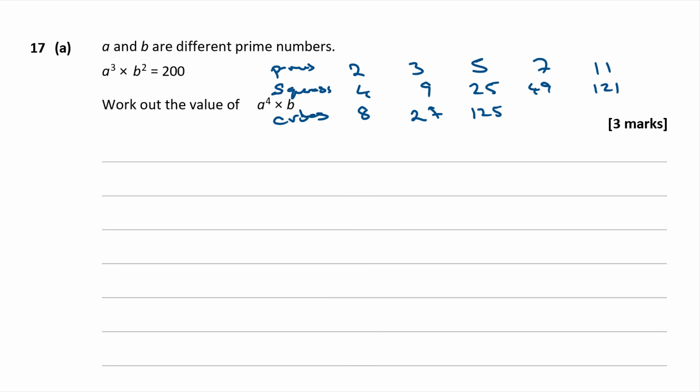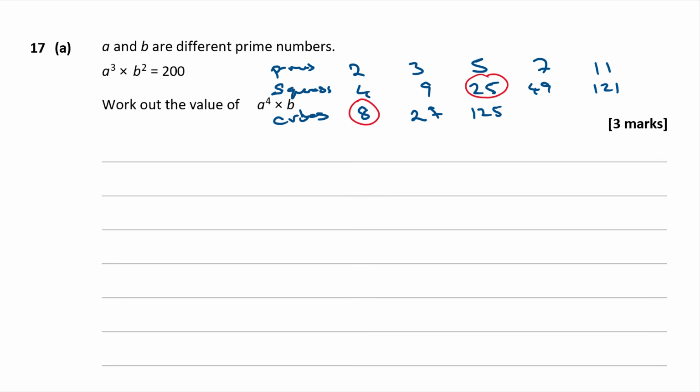Okay, I'm just going to cut there and see if I can work out what it is. So I need 2 of these things that multiply together to give me 200. Okay, so I need a square and a cube multiplied together. I'm looking at the 25 and the 8, I think. 25 and the 8.